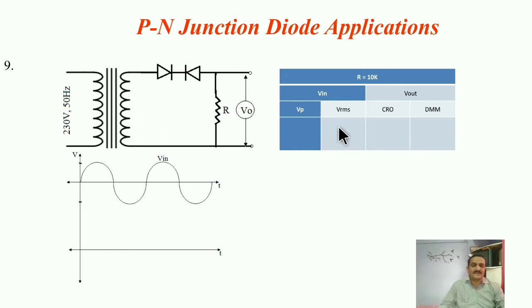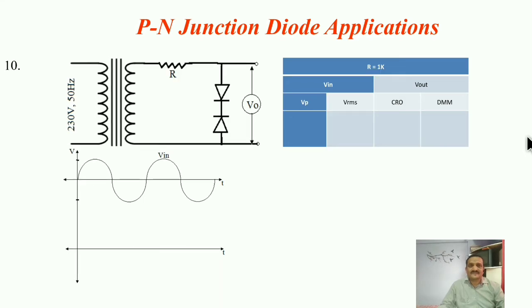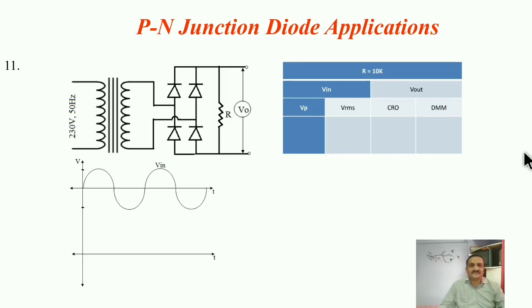If the input voltage is applied again by using a step down transformer of 12 volt RMS, just try to find out Vo, how much it will be. In this case, again, just by applying the basics of the diode, its working and characteristic, what nature of output you will have, just think on it. Again, this is a full-wave rectifier.